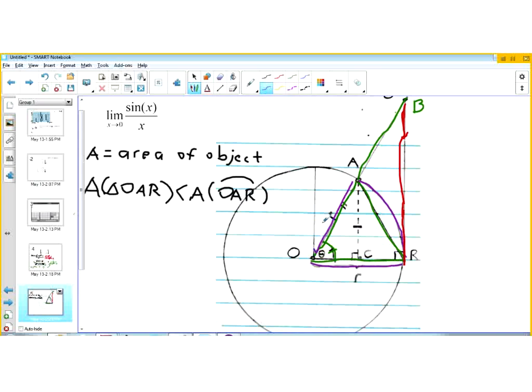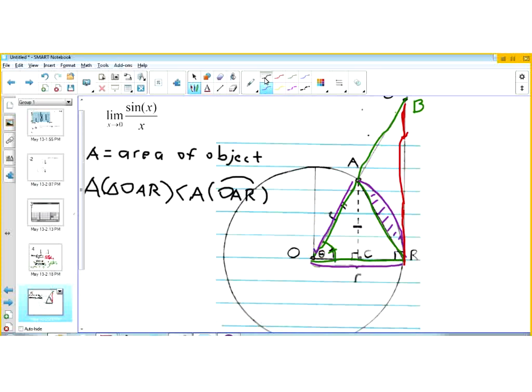It's that kind of wedge piece formed by the subtending angle theta. So can you see how the sector has this excess area? The sector OAR is the area of triangle OAR plus this little purple additional excess.